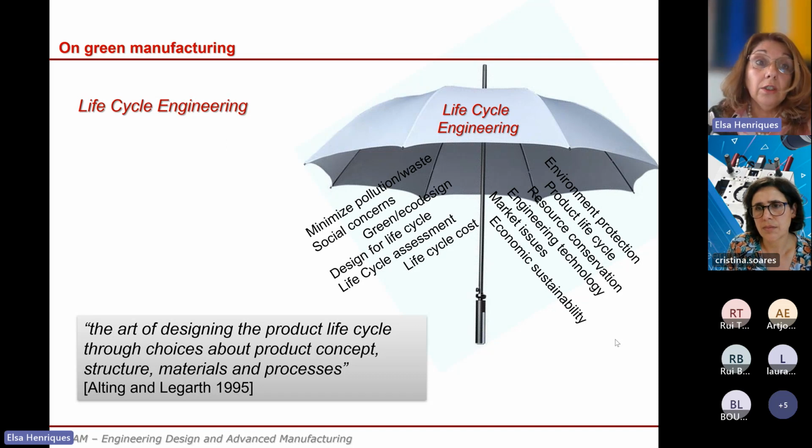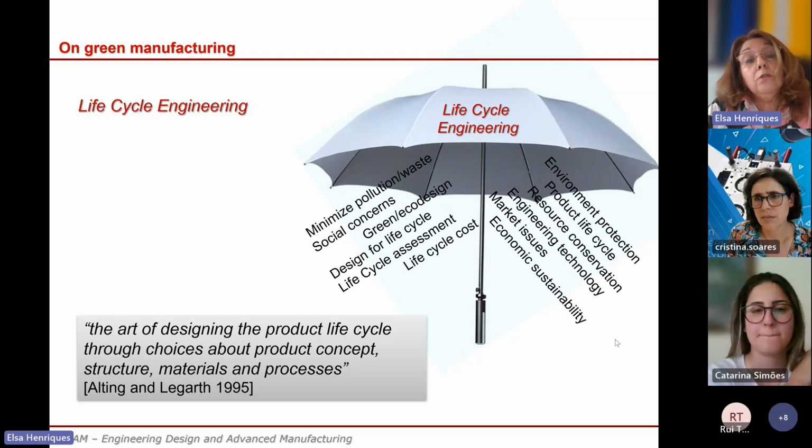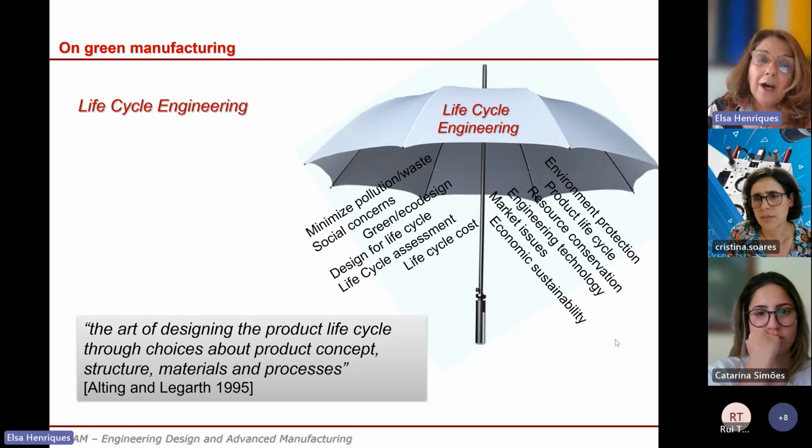So if you only consider that you are going to manufacture according to a certain design that is already completely frozen, of course, you can increase the efficiency and the environmental efficiency of the manufacturing process, but everything in terms of the product is already frozen.